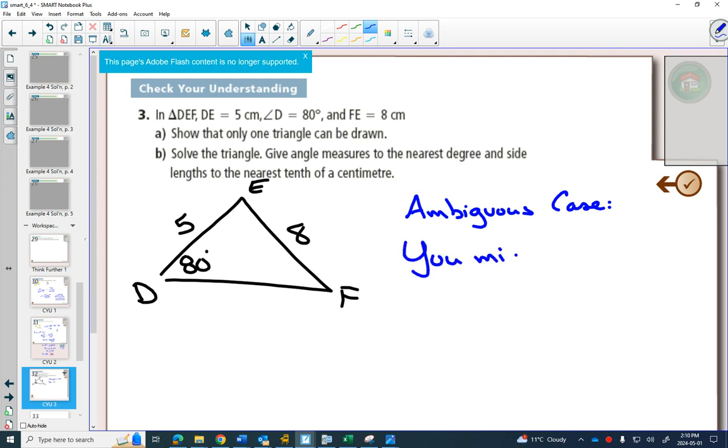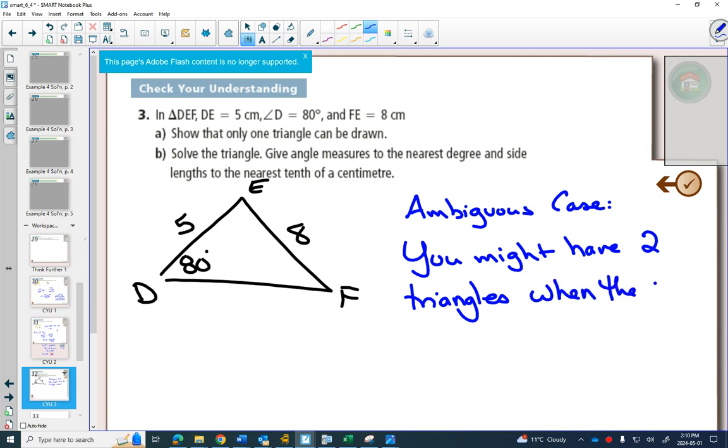You might have two triangles, not for sure, but you might have two triangles when the side opposite the angle, in our case, what's the side opposite the angle? It's the 8.